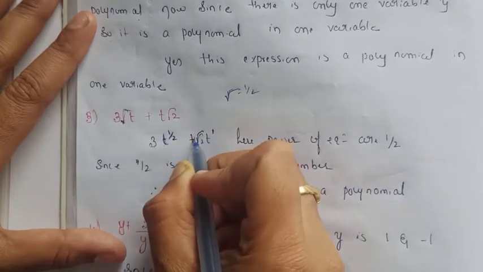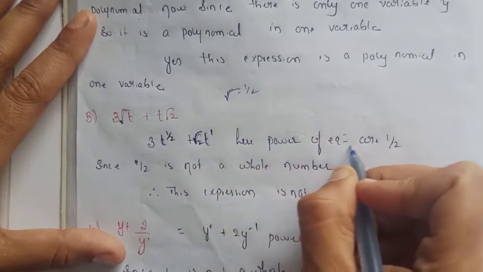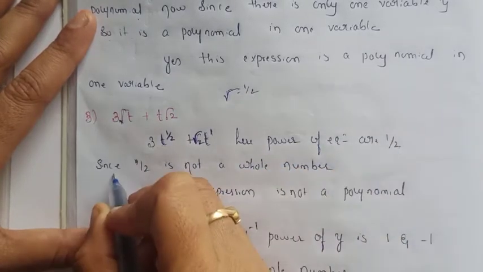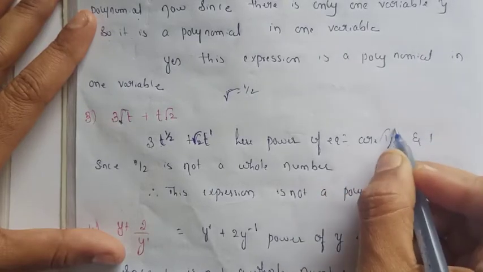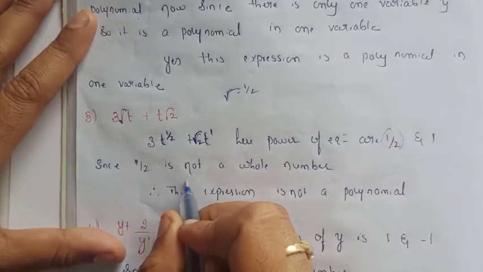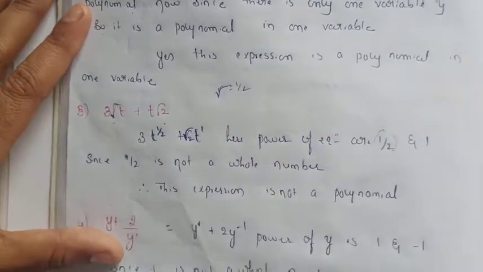Root t can be written as t raised to the power 1 by 2. Root 2 is a constant term, not a variable. Here the power of t is 1 by 2, which is a rational number, not a whole number, so the given expression is not a polynomial.